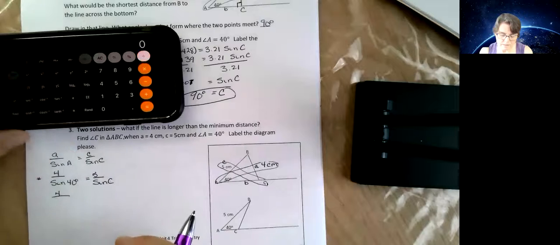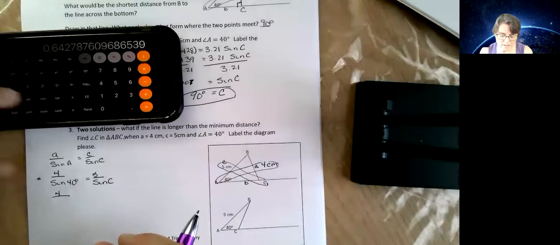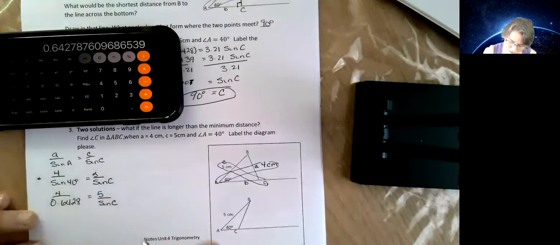Being that paranoid mathematician, I'm just going to keep working out sine 40 every single time. 0.6428 over sine C.